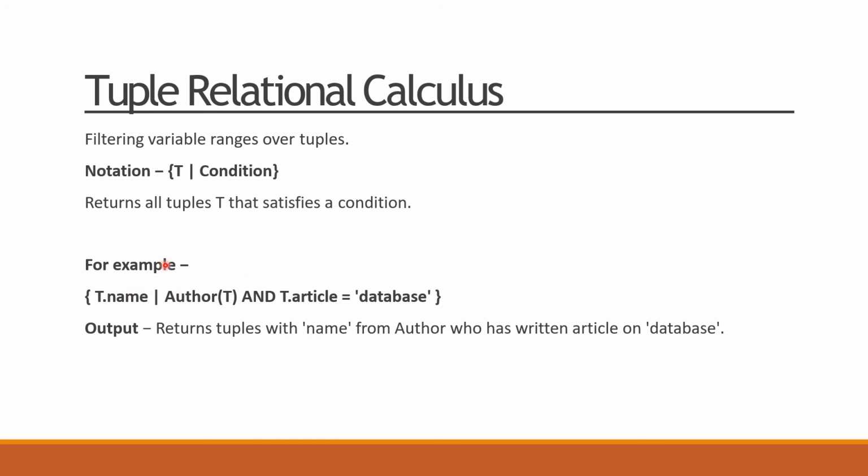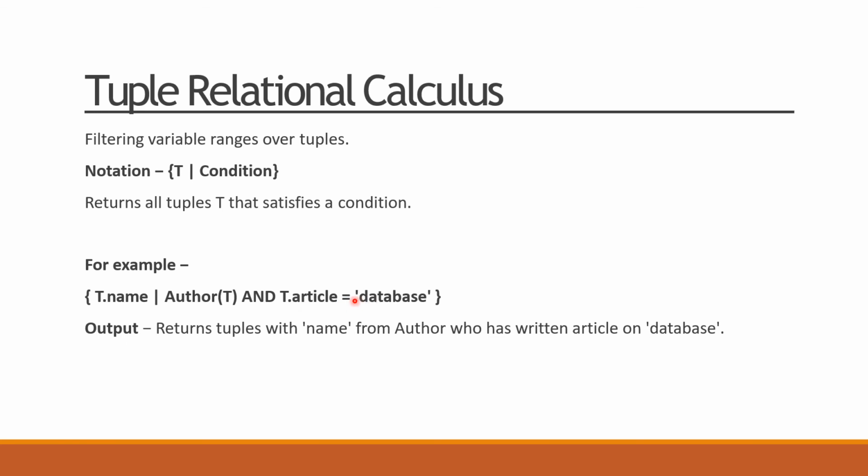For example, T dot name, suppose we want all tuples that have this name. So T dot name we want. Now the condition is that T belongs to author and T dot article is equal to database.